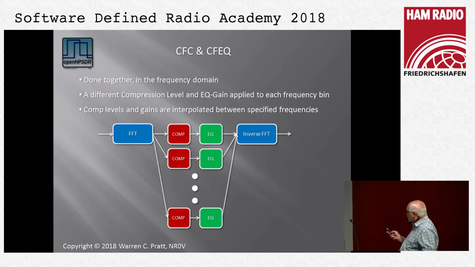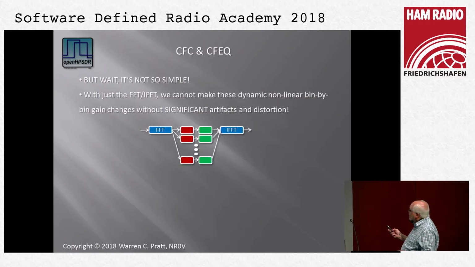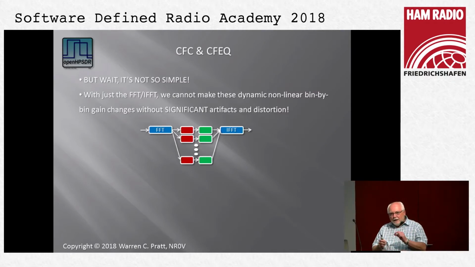And the problem is that we can't just do an FFT and then individually modify the frequency bands and do an inverse FFT and get a result that does not have some significant artifacts and distortion.